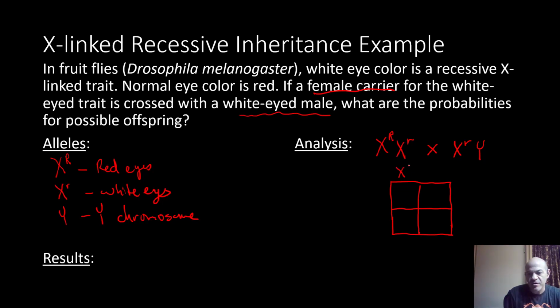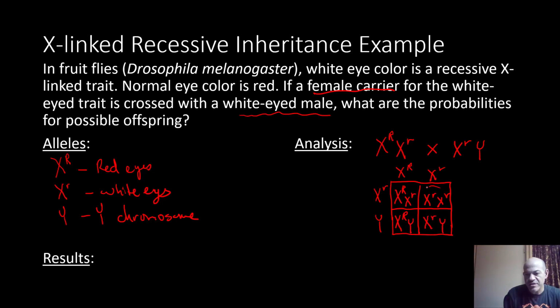So running the Punnett square here, we'll put the female fruit fly on top and the male fruit fly on the side. We list their possible gametes, and then we fill in the boxes, and then we can figure out the probabilities of having certain types of offspring. So this one would be a red-eyed male, and this would be a white-eyed male.